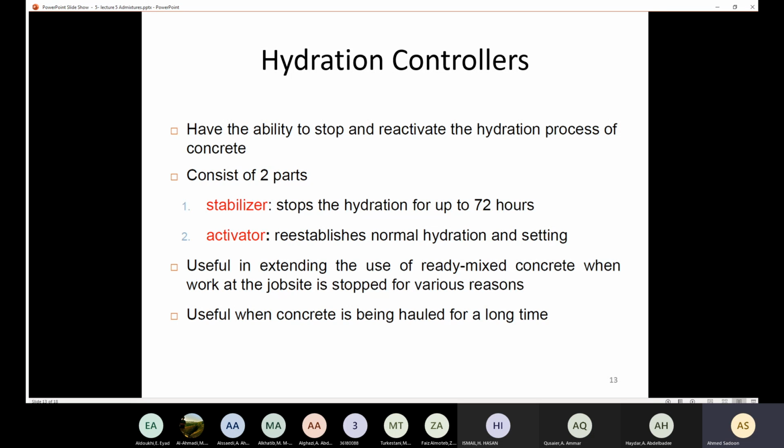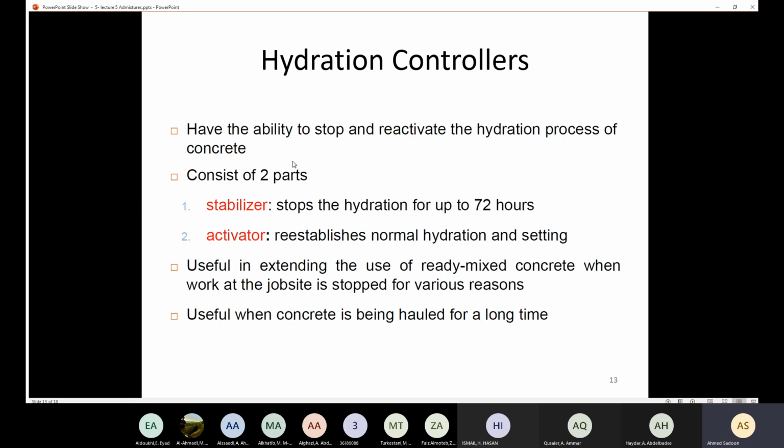If you are going to fix your accident, then the concrete is going to turn to a solid state. Or you can throw away the concrete. But if you have hydration controllers, you can stop the hydration process for up to 72 hours.